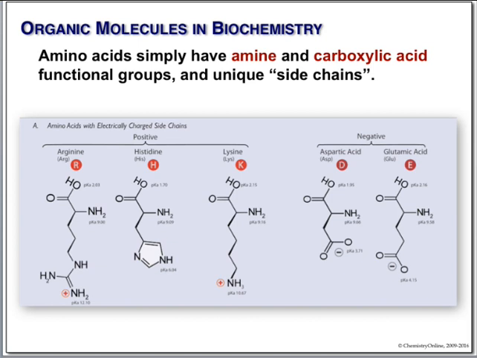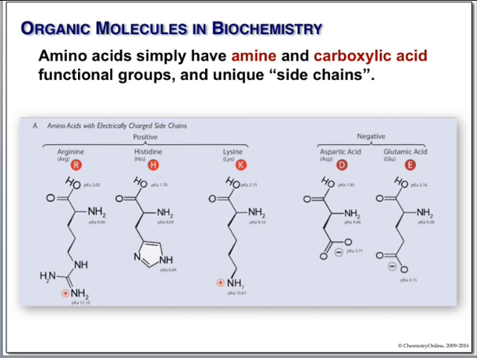They differ by what's attached here after our nitrogen. We go down our chain here. Here we have a guanidino group, it's called, but it's positive. Here we have histidine with an imidazole group. Another amino group down here. These are the positively charged amino acids.